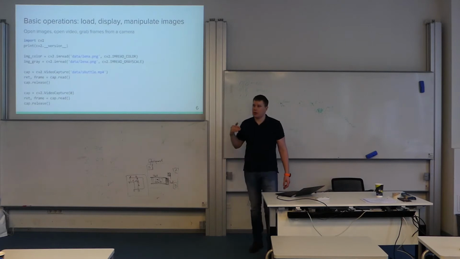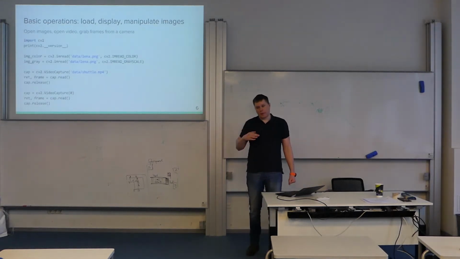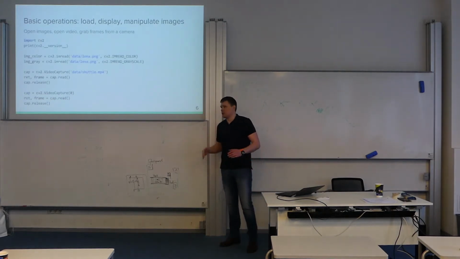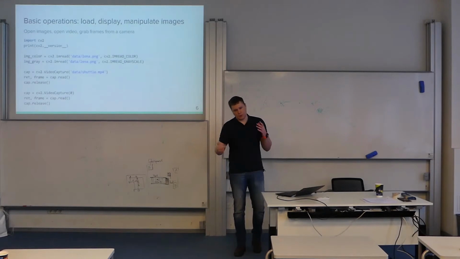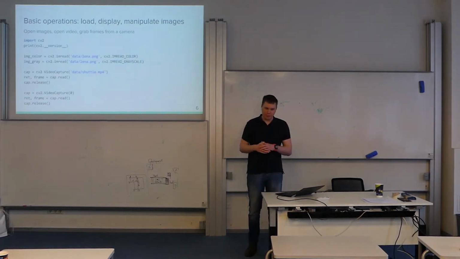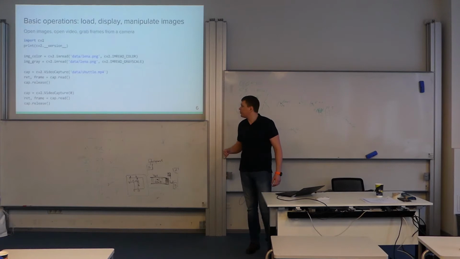Also, we can load and read video files with cv2.VideoCapture. It may require you to install some codecs or something like this, so be prepared. But it's not hard. All problems can be solved. Also, we can grab frames from the camera.